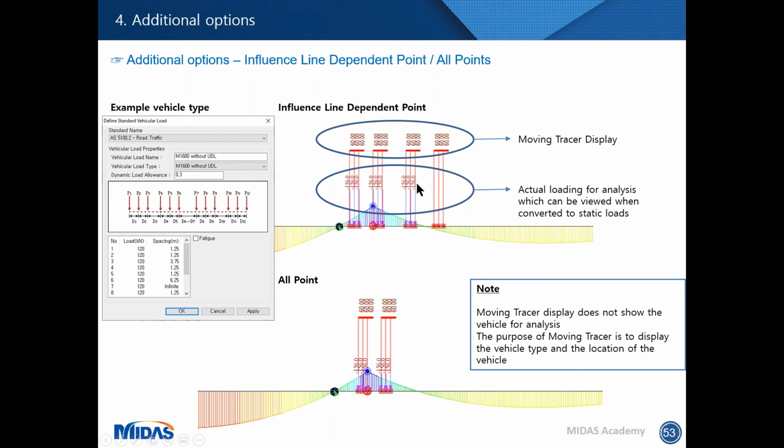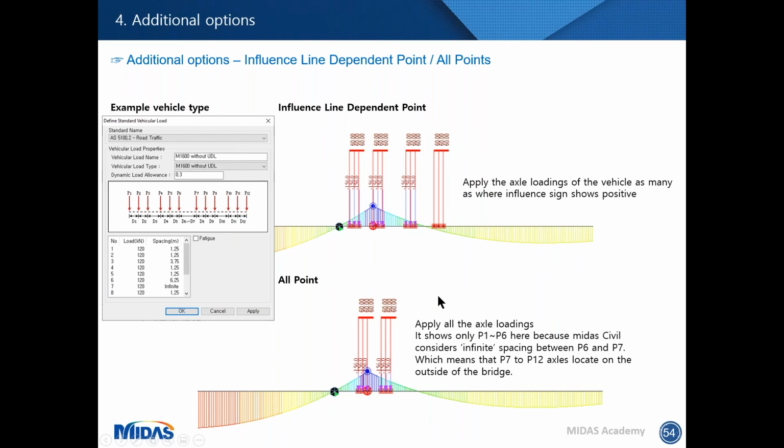So this is the actual load value for the analysis. Again, moving tracer display doesn't show the vehicle for analysis. It is just showing roughly the vehicle type and the location of the vehicle. So it is showing different.